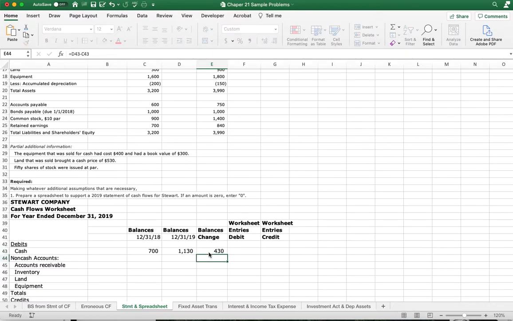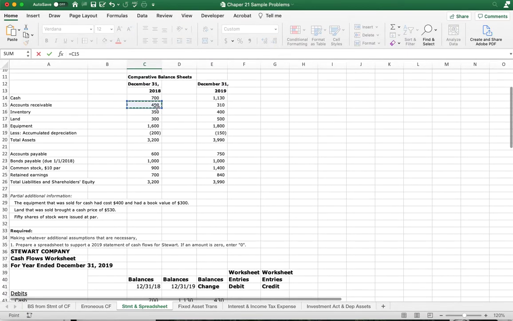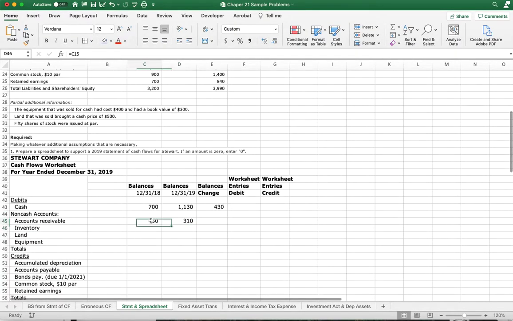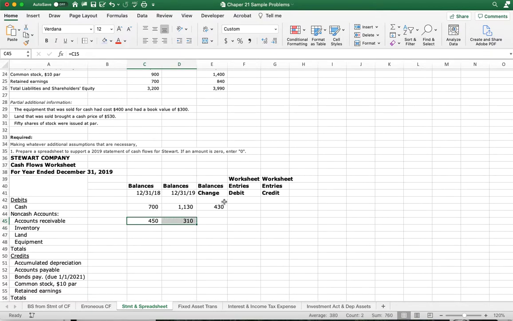And then we'll just subtract the two to get the difference. And jump down to accounts receivable and do the same thing. There's not a space in between these, so we can copy this formula down really quick. We can pull this formula down through equipment.